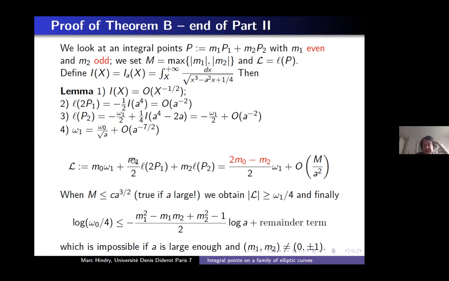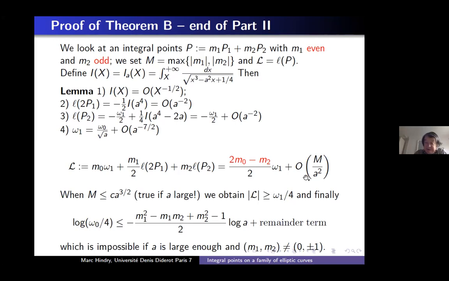The very nice thing is that when you write the linear form of logarithm for which you want to find a nice lower bound, then you can write it. I have written the 2m0 minus m2 in red because this number is odd, so it's at least 1. That's the classical Liouville inequality.